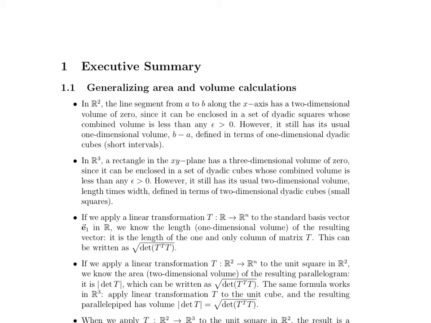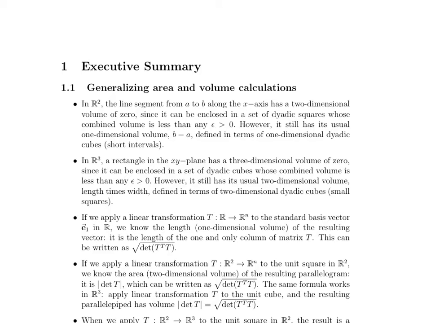Note that it still has its usual 2-dimensional volume, because when we take those 2-dimensional dyadic cubes, we can define its volume as length times width, which was one of your proofs from a couple weeks ago. And so our focus is exactly how do we compute these things, right? We've been looking at pretty straightforward computations so far, finding volume in R3.